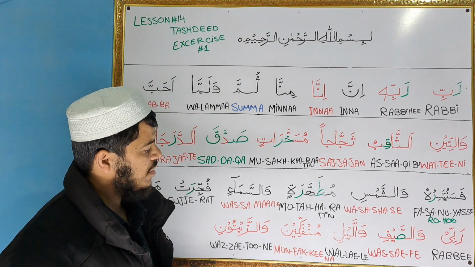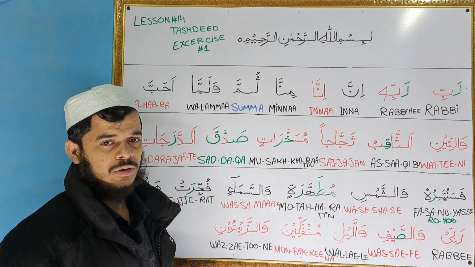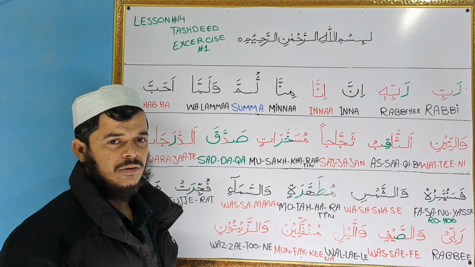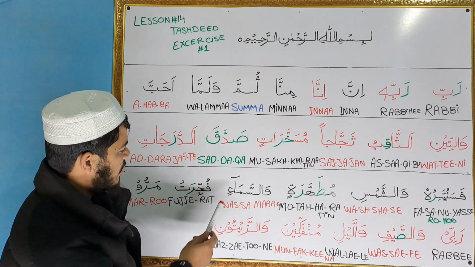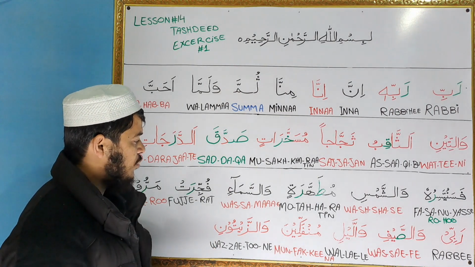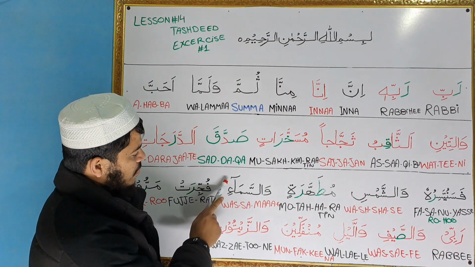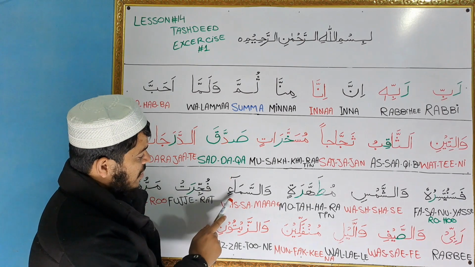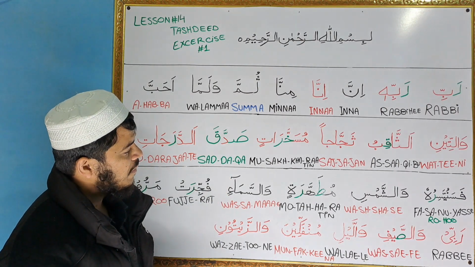And the fourth exercise, Tashdeed sign comes after, you can say, a madda letter. Just like that, there is a madda letter, but after that there is no Tashdeed sign. So the fourth exercise is about after madda letter and mad sign, you will see the letters with shadda.